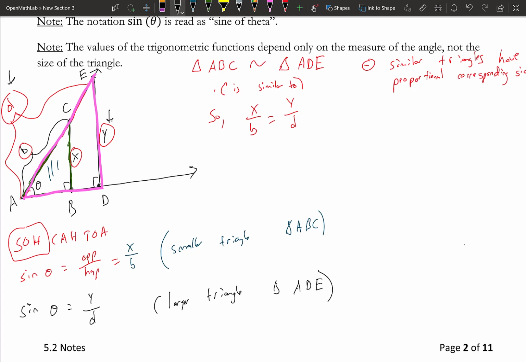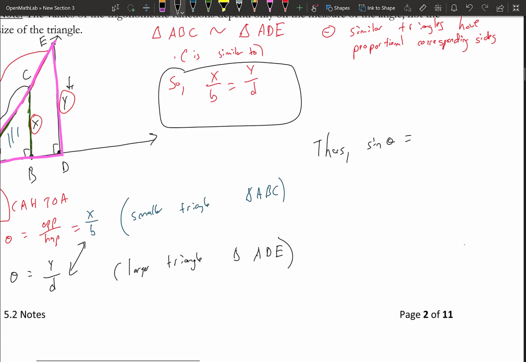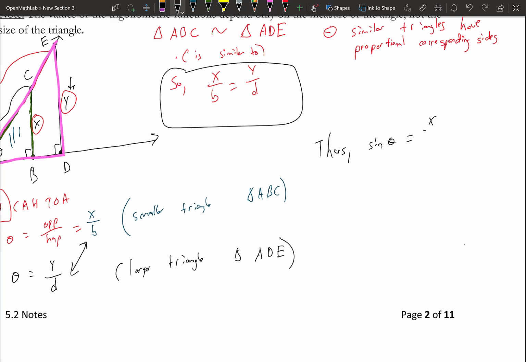The thing though is we already know these two things are equal from this statement. So we could say thus sine of theta equals x over b, which also equals y over d.